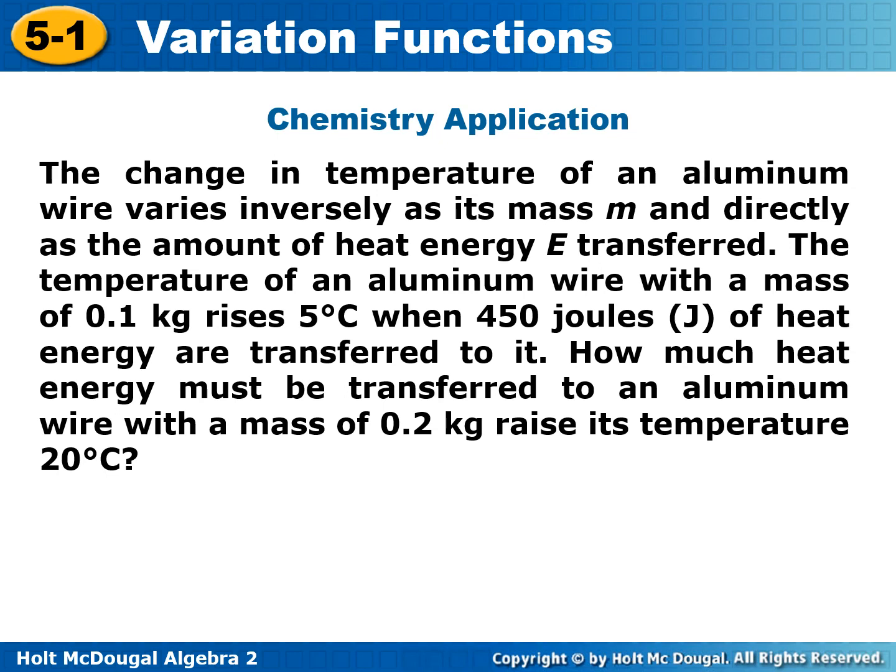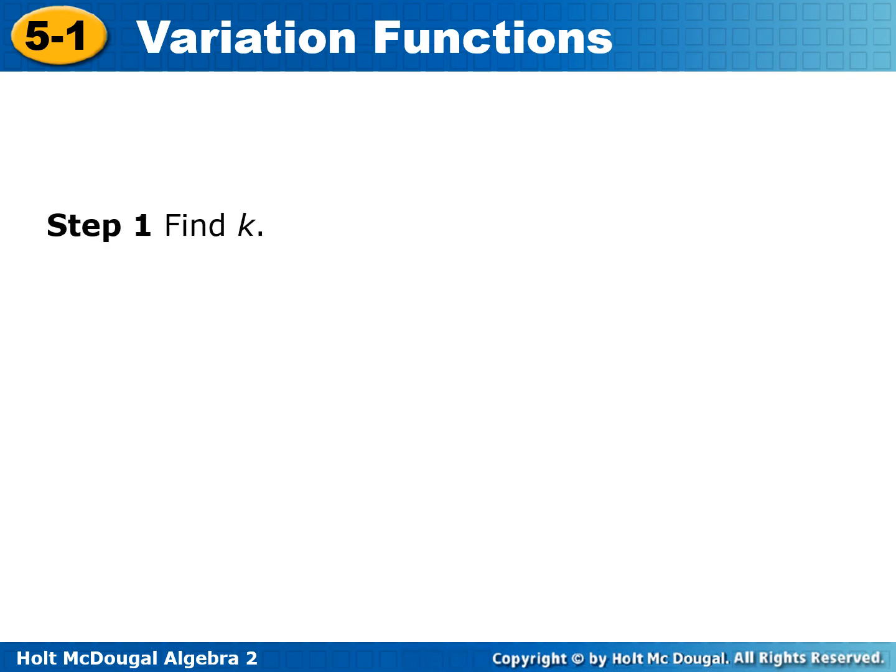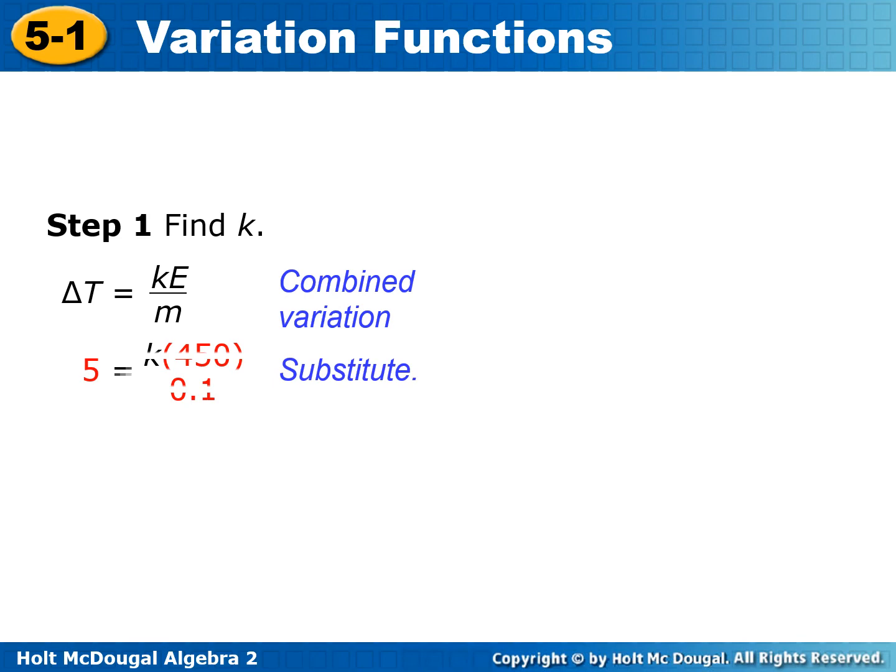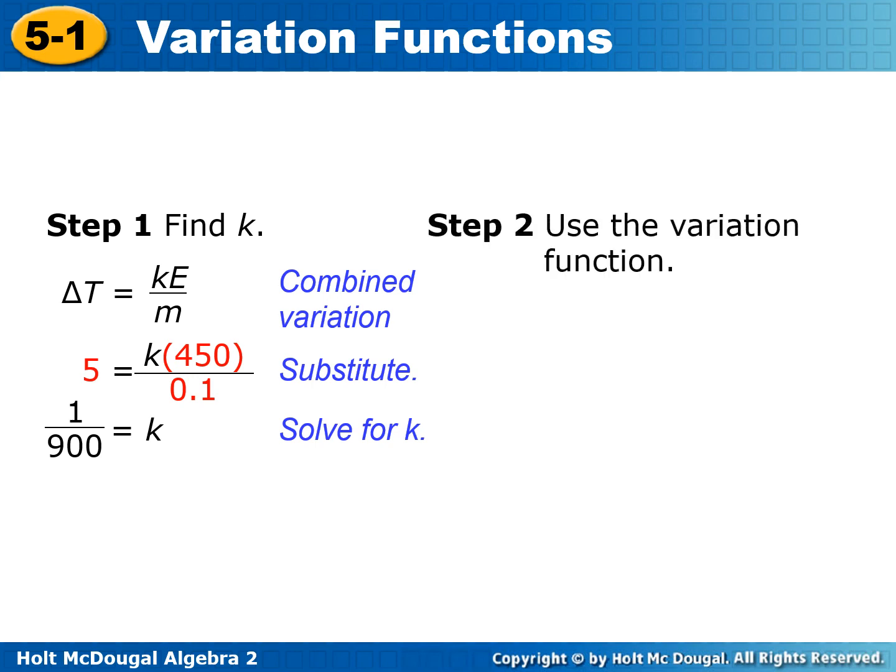So in solving for this one, we are going to have step 1. We are going to find k using combined variation. So change in T is equal to kE over m. And then we are going to substitute all the values. So k is equal to 1 over 900. And from here, using the variation function, we are going to have change in T equals E over 900m.